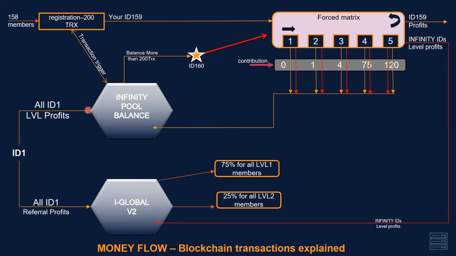So the iGlobal has two sources of income: one is the infinity ID level profits, and the other is all ID1 referral profits. That means not only the direct referral, but also when they're leveling up. So this is also going to be huge, guys. These two balances will have a lot of money, which will guarantee us a very smooth movement of the matrix, whether in leveling up or in the global profit.